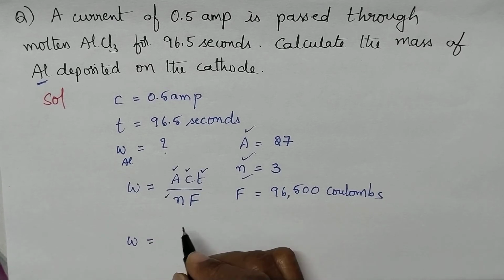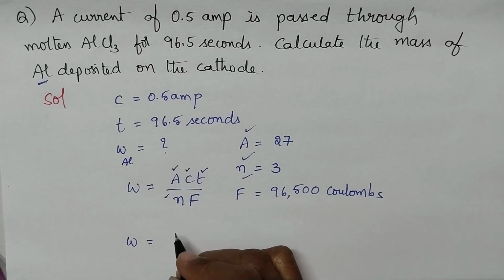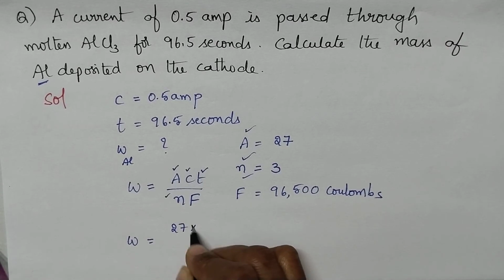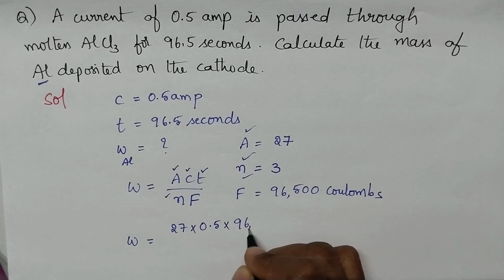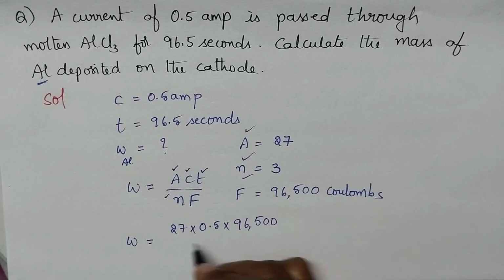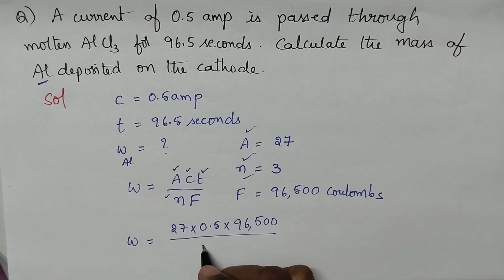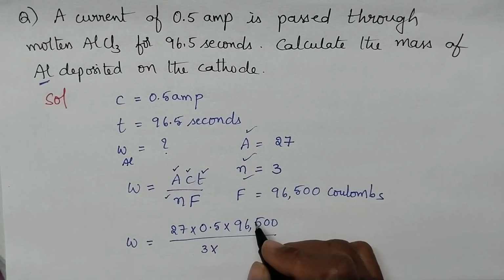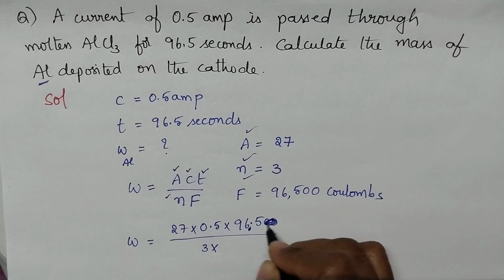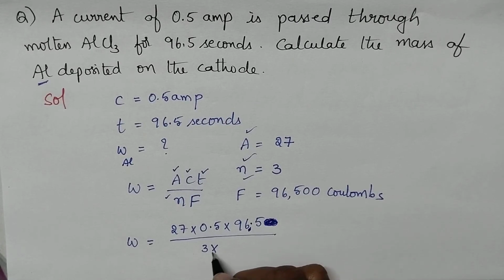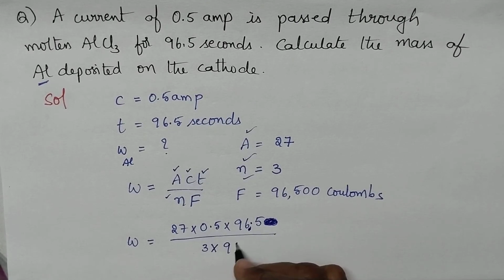Then we can write W is equal to 27 into 0.5 into 96.5 divided by 3 into 96,500.